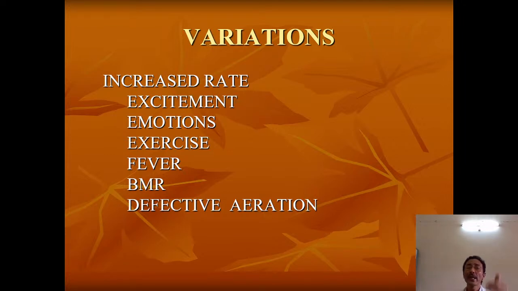This leads to a reduction in the oxygen supply to the cells, which causes hypoxia, and that hypoxia has to be corrected by supplementing with outside oxygen through an oxygen mask. So how do you supplement that? When you give oxygen from a cylinder, you give it at a high pressure, 8 to 10 liters per minute. When you supply that much oxygen under such high pressure, more oxygen gets transferred.